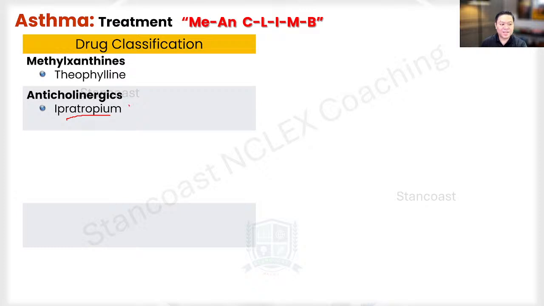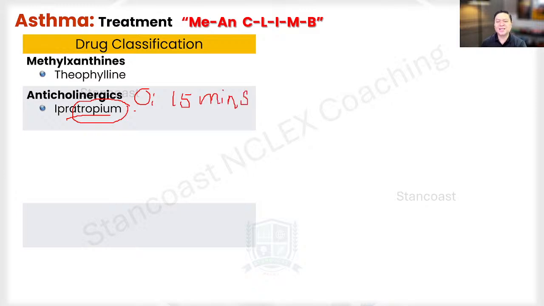So this would be our suffix that you need to keep in mind when we're talking about the inhaled anticholinergics. This is administered via MDI, or it could be the nebulizer. So if you are going to administer this medication as an inhalation, the onset of the drug can occur within 15 minutes.